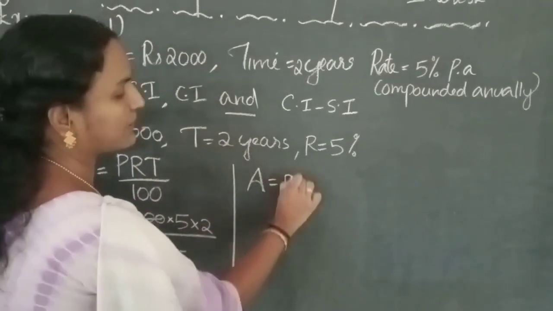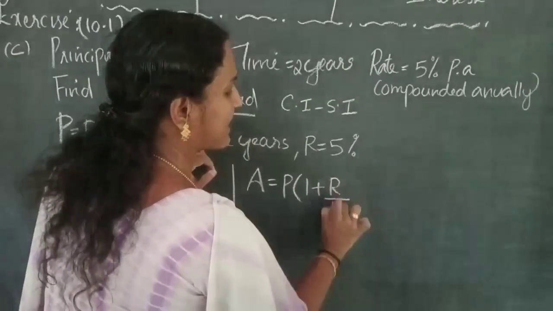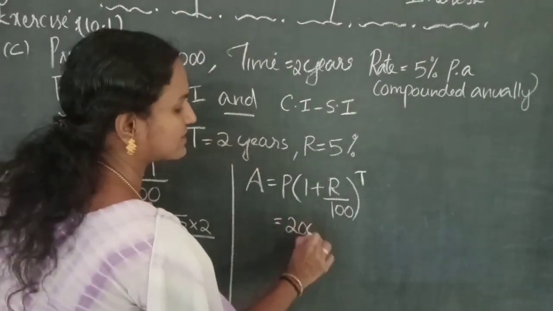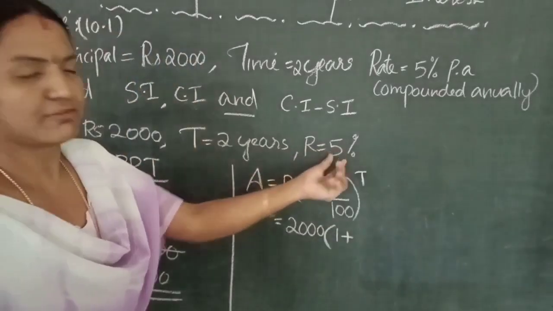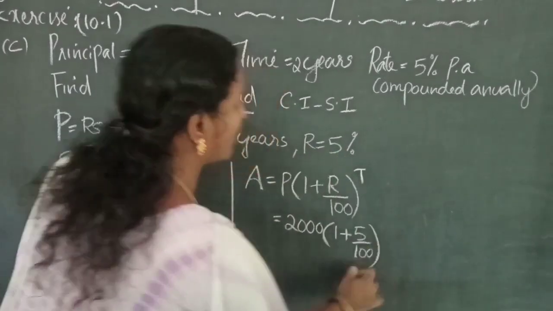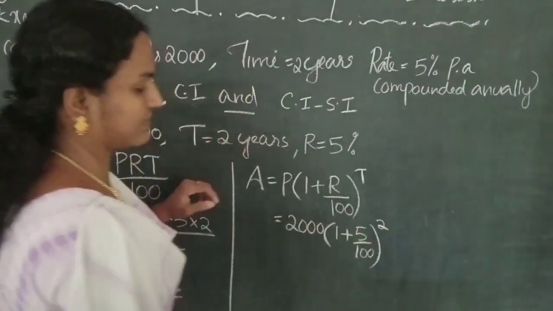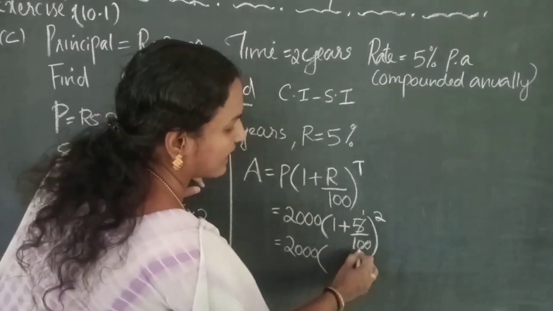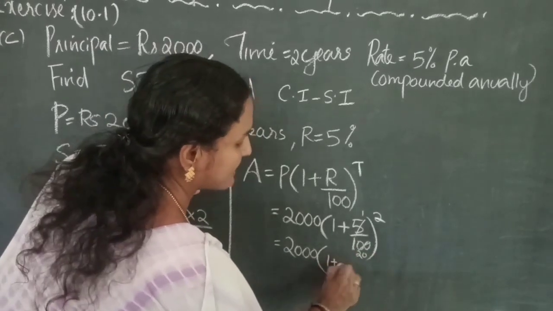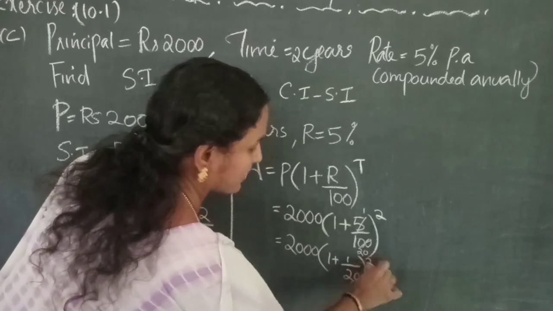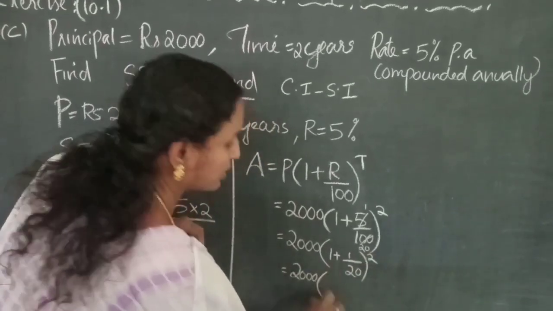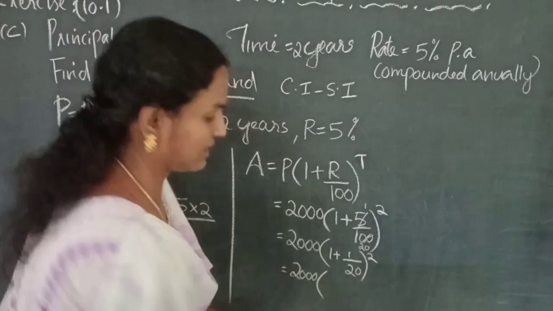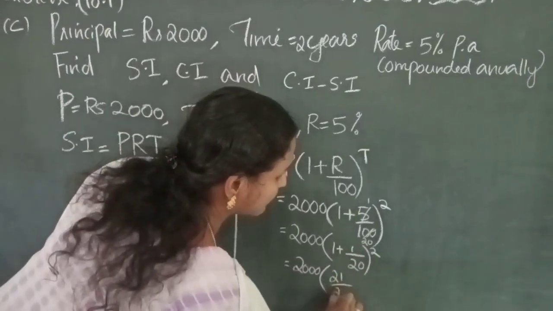A is equal to P into (1 plus R by 100) the whole power T, which is 2000 into (1 plus 5 by 100) the whole square. Cancelling, 5 ones are 5 and 5 twos are 10, so 1 plus 1 by 20 the whole square is 2000 into (21 by 20) the whole square.